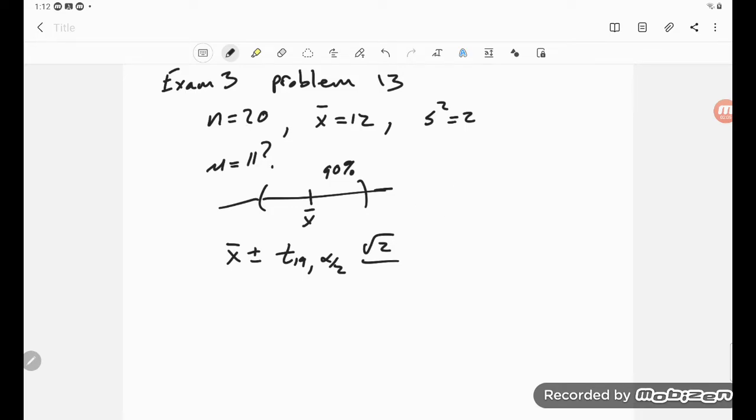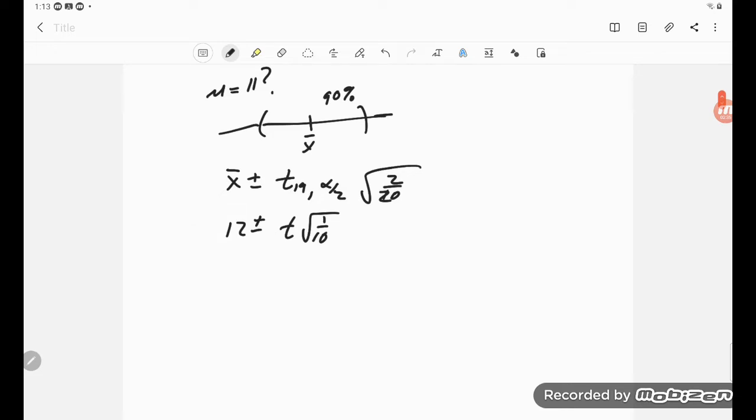So actually, let me just do that as times the square root of 2 over 20. Oops, jumping ahead of myself. And so this is a 12 plus or minus my t and square root of 1 over 10. And so, really what I need to do is kind of determine this thing.